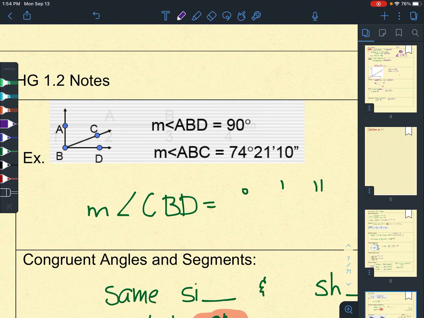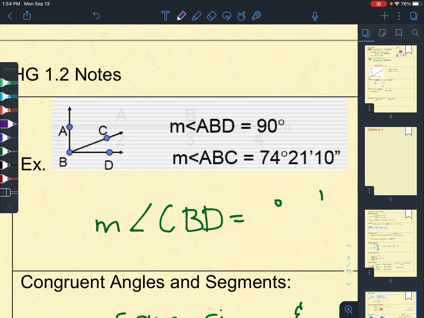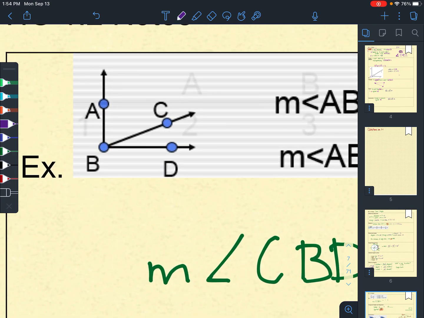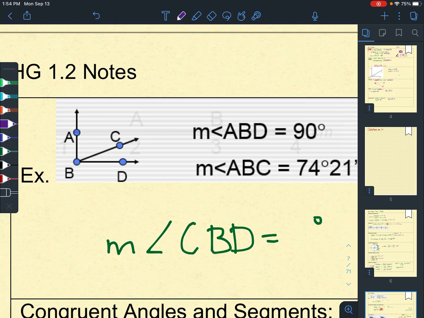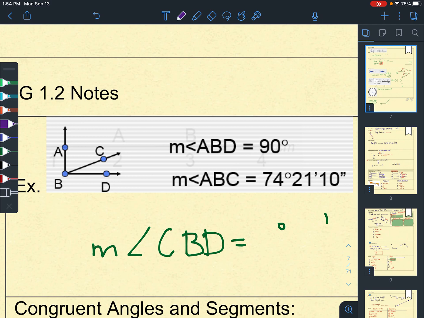Ready? Here we're going to do a calculation. Go ahead and sketch something like this with A, B, C, D in your notes. ABD, this angle here, is a 90-degree angle. ABC is 74 degrees, 21 minutes, 10 seconds.